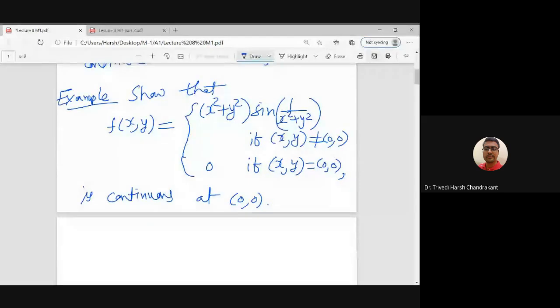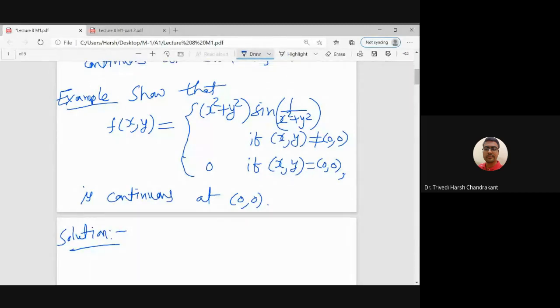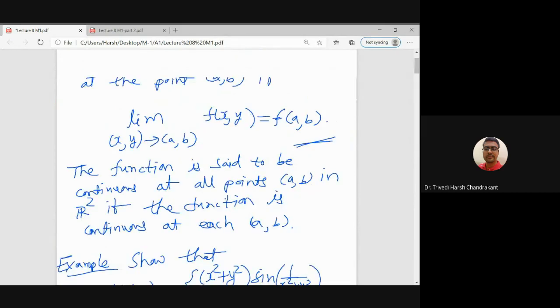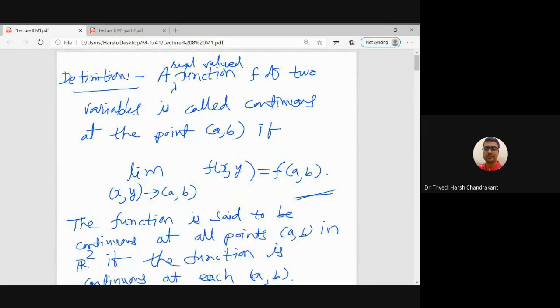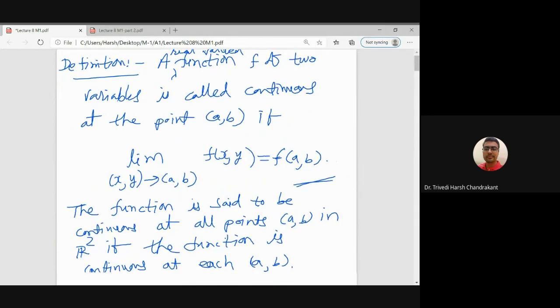So to check that this function is continuous at the origin, by the definition of a continuous function, we need to take (a, b) equal to (0, 0), and we need to substitute the value of the function.